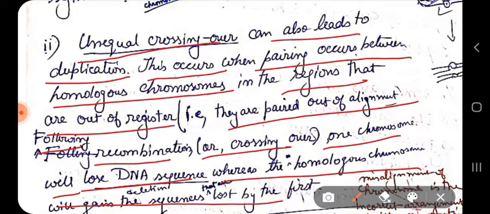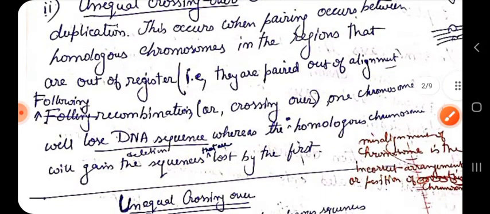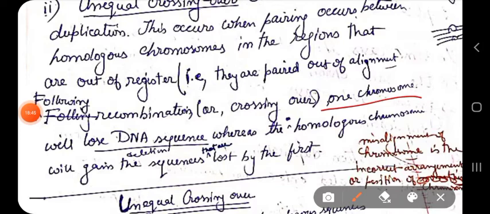So due to misalignment, due to improper alignment of the chromosomes, one chromosome will lose the DNA sequences. That means it will have a deletion.